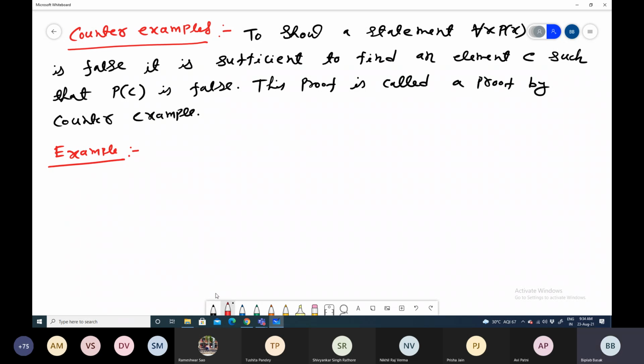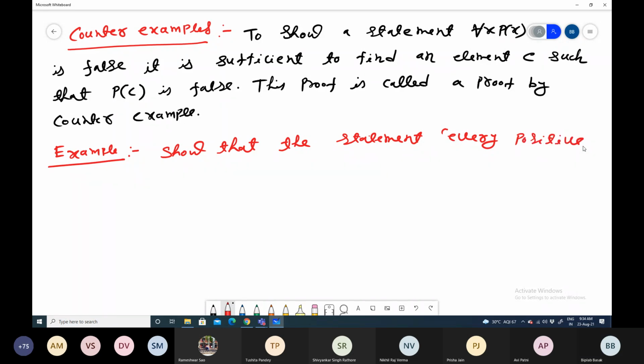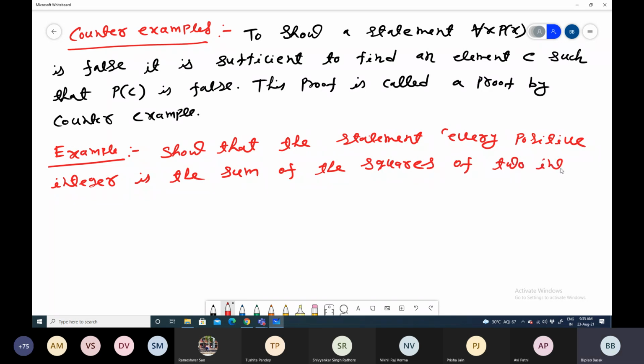For example, suppose you are asked to show that the statement every positive integer is the sum of the squares of two integers is false.